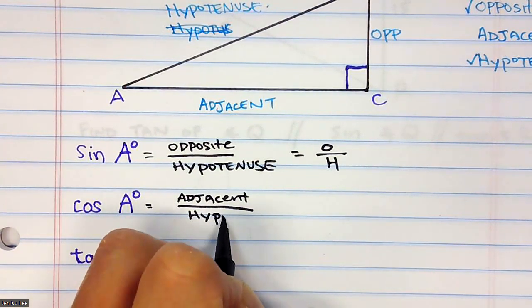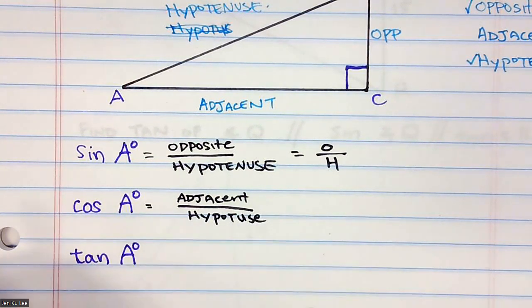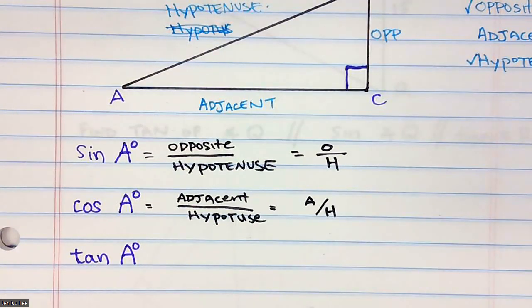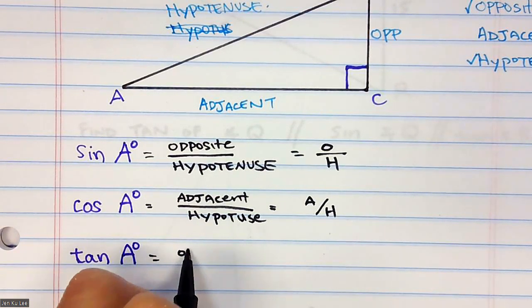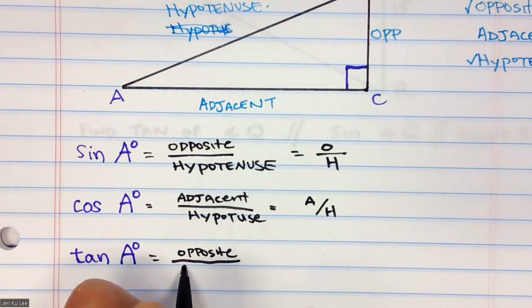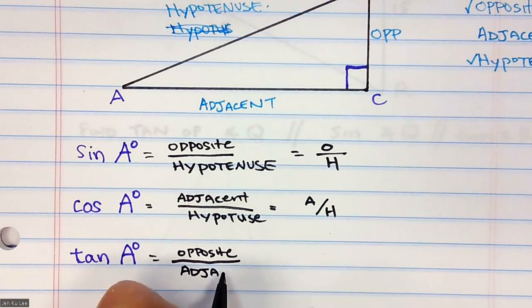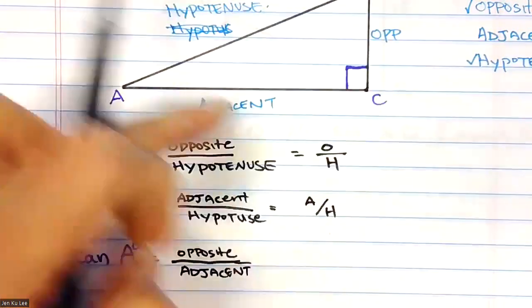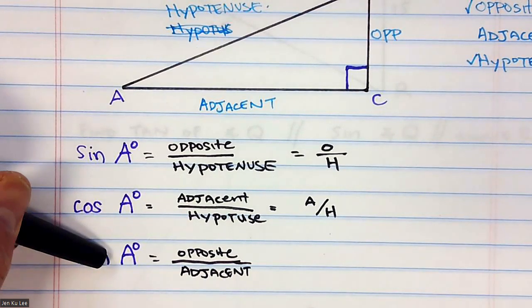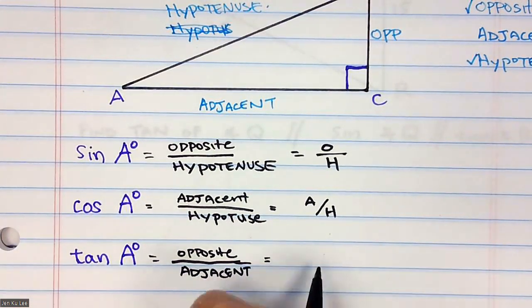Okay, it's just a ratio or a fraction. And that's A over H. Tangent is going to be your opposite side over your adjacent side. That's why it's important to label your sides first. Once you label your sides, this part is going to be easy. So for shorthand, it's O over A.